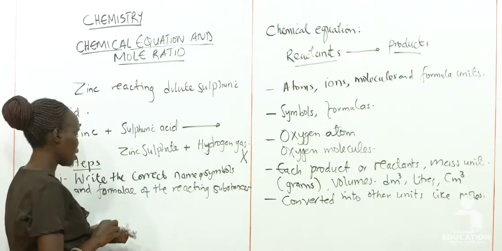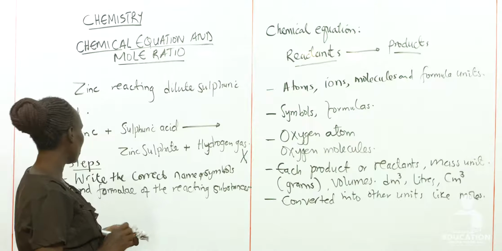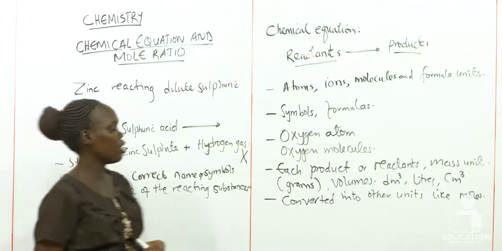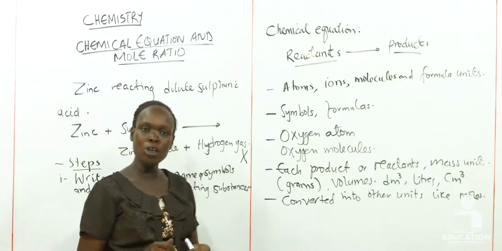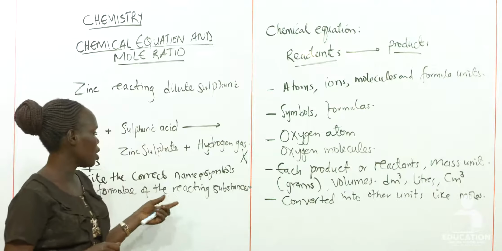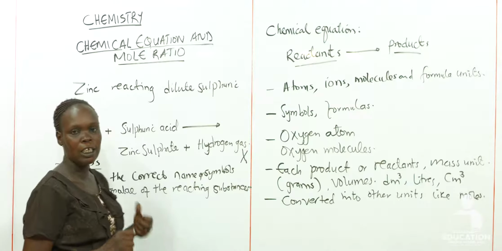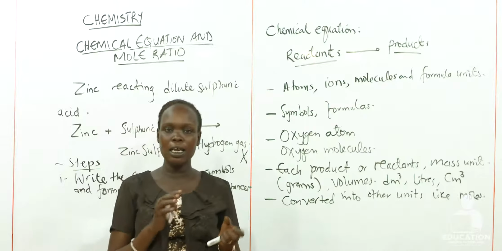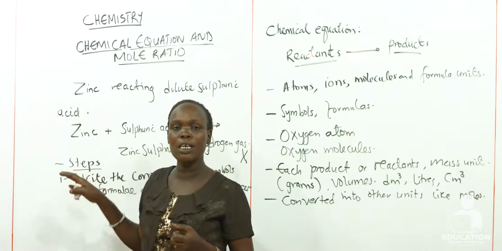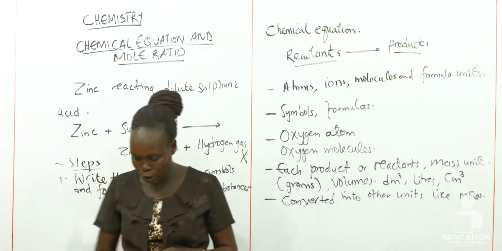In a chemical equation, the first thing is to write the correct names or symbols, which is the convenient way of writing the chemical equation, and the formulae of the reacting substances.